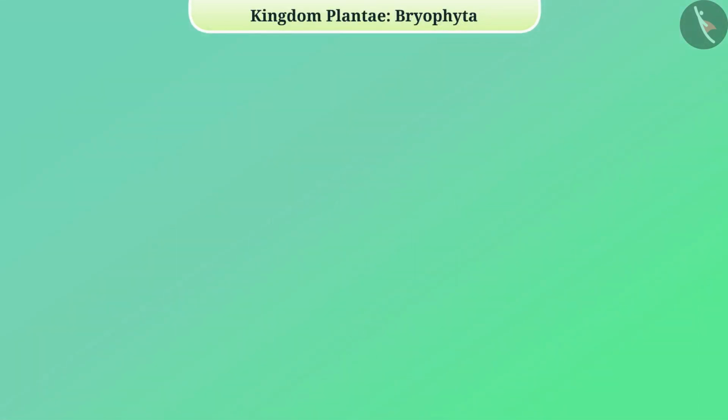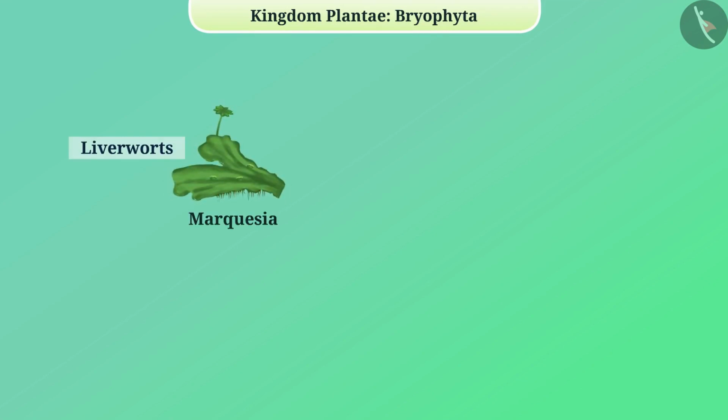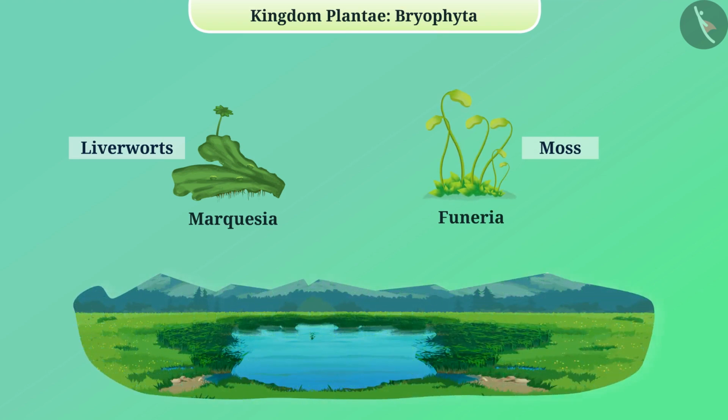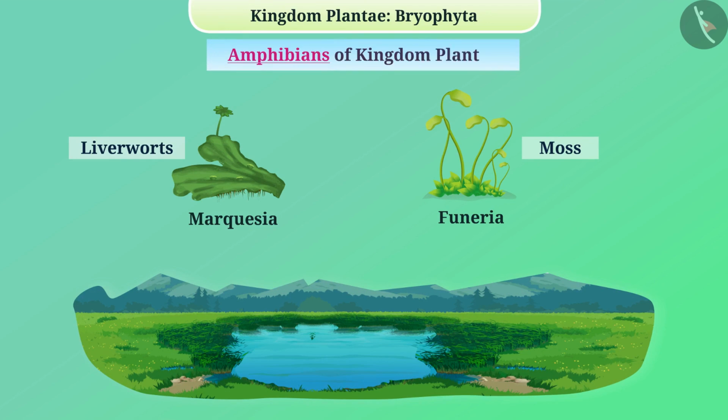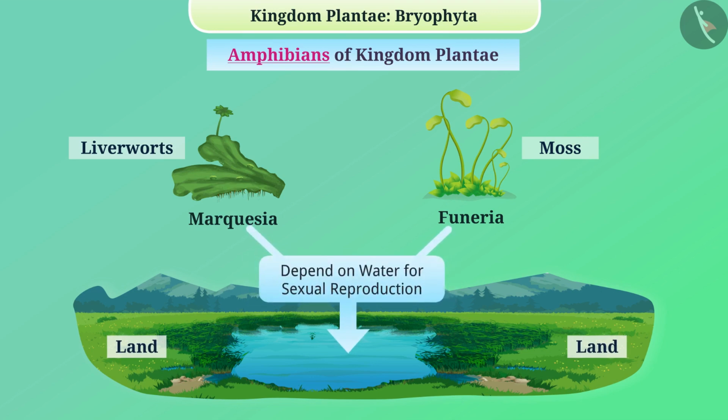In this class, liverworts such as Marchantia and moss such as Funaria are included. They are often found in moist and shady areas of hills. Bryophytes are also called amphibians of kingdom Plantae because plants of this class live on land, but for sexual reproduction they depend on water.